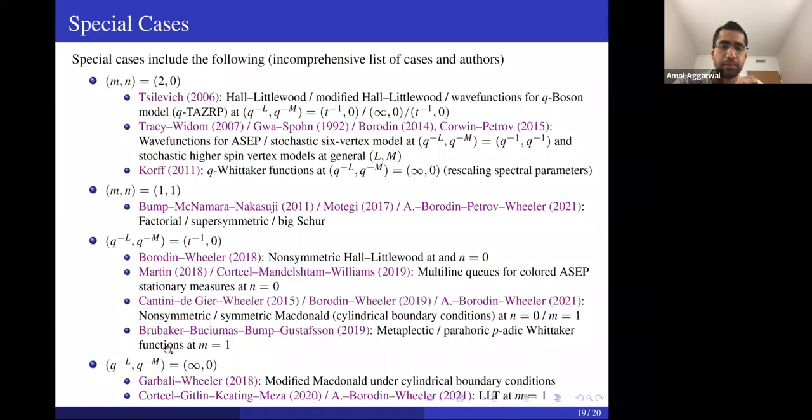These weights actually happen to be equivalent up to a Drinfeld twist to metaplectic or Iwahori p-adic Whittaker weights. And if Q to the minus L and Q to the minus M are infinity and 0 in a sense, you can get various types of modified Macdonald polynomials and LLT polynomials. So this is just some family of examples of special cases of these weights that give rise to important special functions.